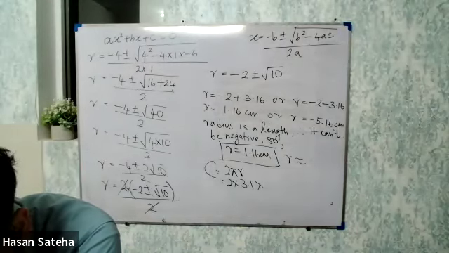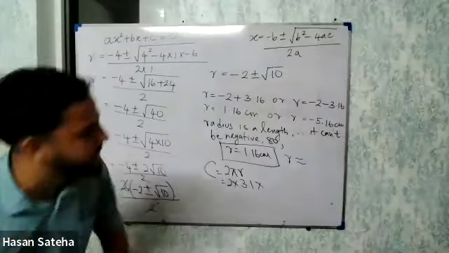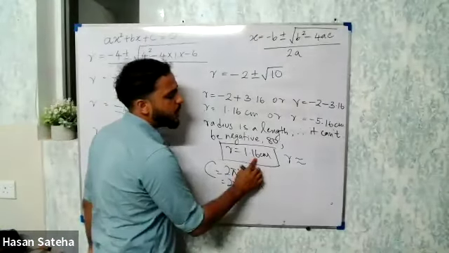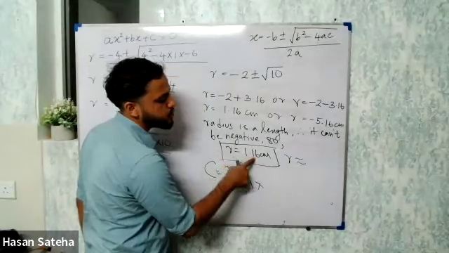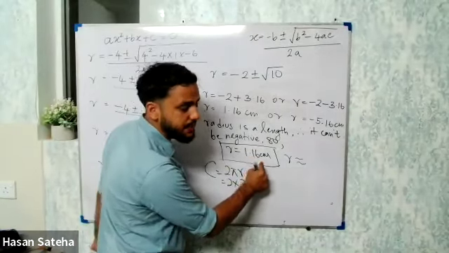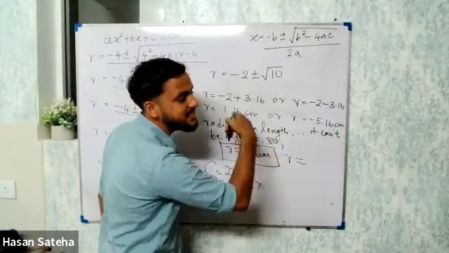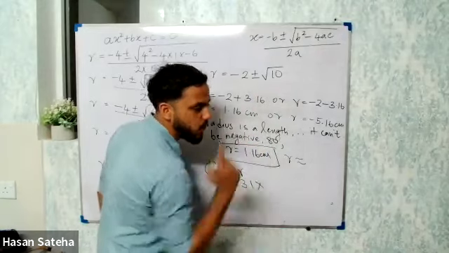1.16 will become, anyone? Yes? What will 1.16 become? How do you round it off to the nearest first decimal place? I taught you this, right? So to round it off to the nearest first decimal place, you look at the second decimal place. If the second decimal place is 5 or more than 5, then you increase the first decimal place by 1.